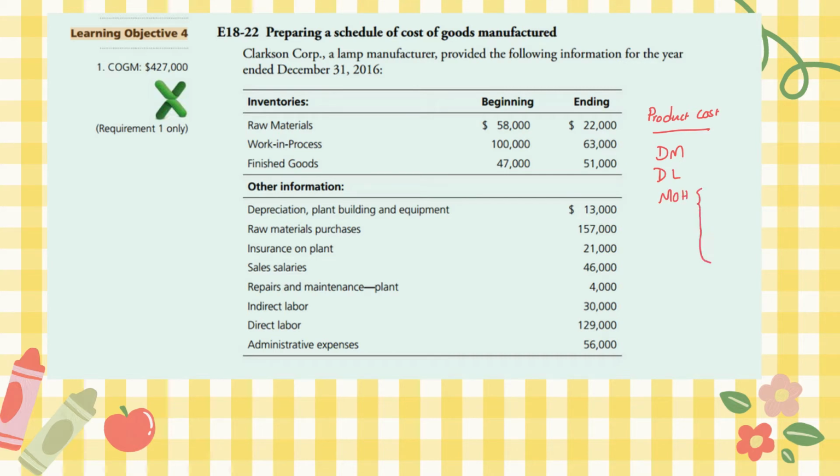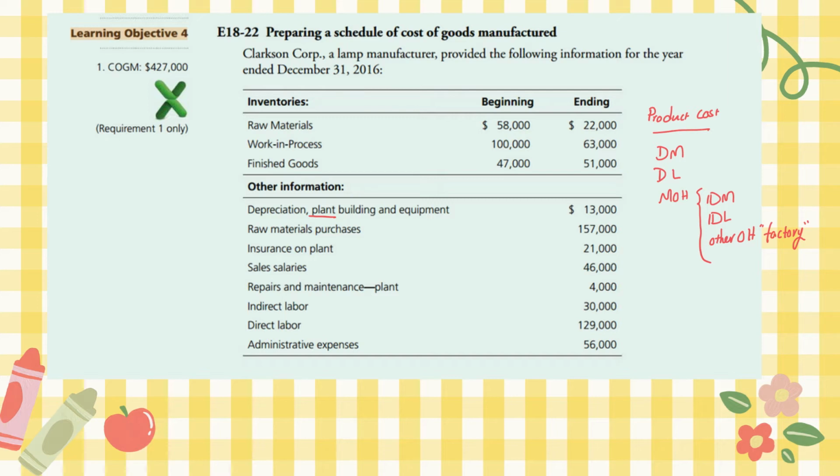Under manufacturing overhead, we have indirect cost, which is indirect materials, indirect labor, and other overhead, which is any expense related to the factory other than salaries and wages. Factory expenses like rent, utilities, taxes, insurance, depreciation, etc.